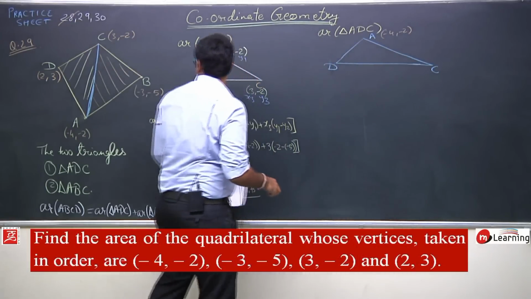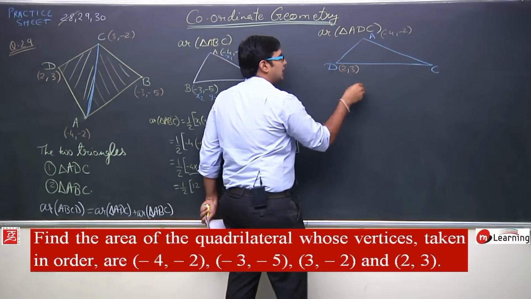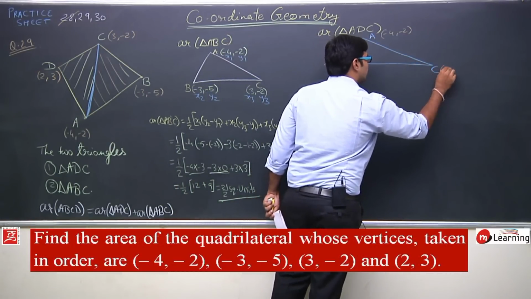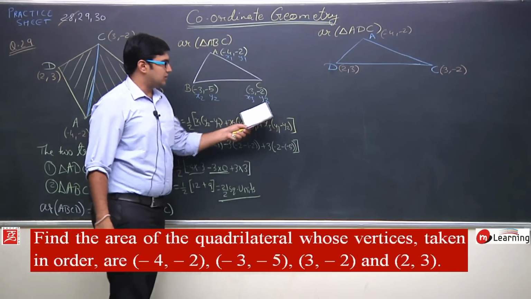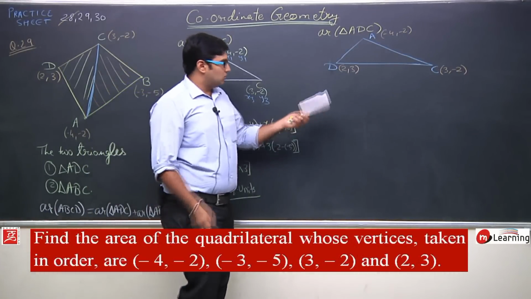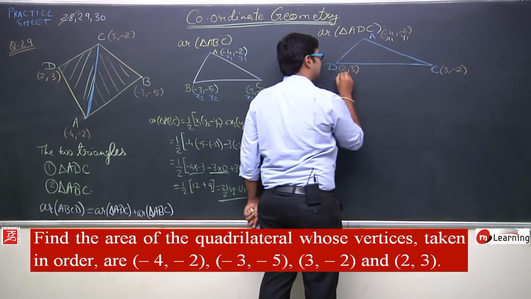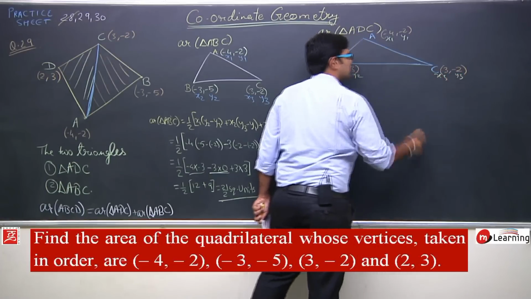Point D is 2 comma 3 and point C is 3 comma minus 2. Now let us say this is x1, y1, this is x2, y2, this is x3, y3.